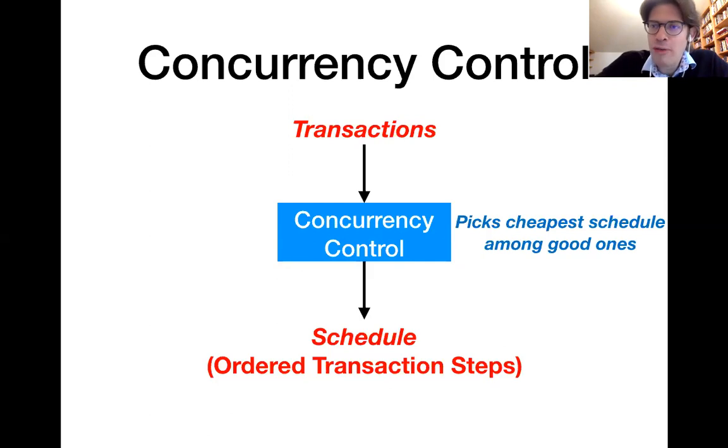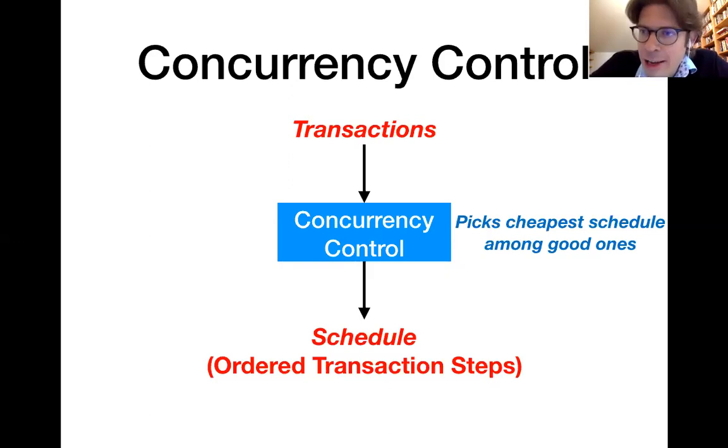Here you see the overview of what concurrency control achieves. The input is a set of transactions, each transaction with a couple of steps. And the output is basically a schedule, which describes in which order the steps of different transactions are executed. Now, that would be pretty simple as long as we execute one transaction after the other. But for performance reasons, we don't want to do that.